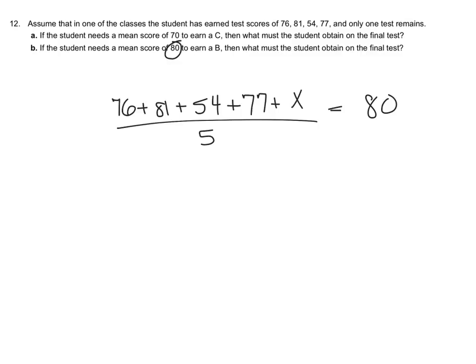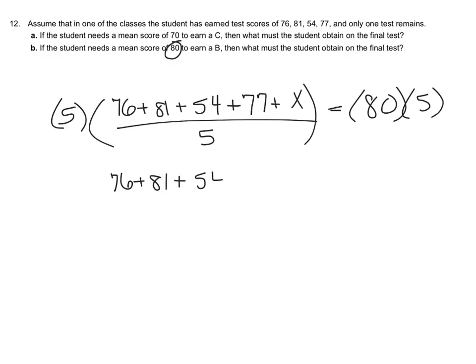Now we'll solve for X. So we'll multiply both sides by 5, and we get 76 plus 81 plus 54 plus 77 plus X equals 400.